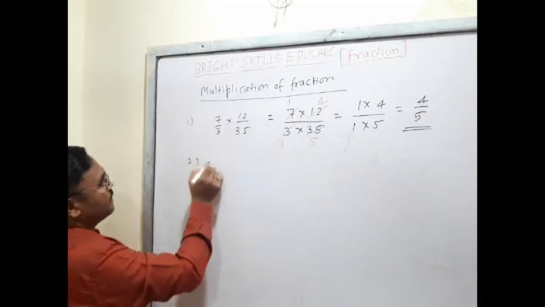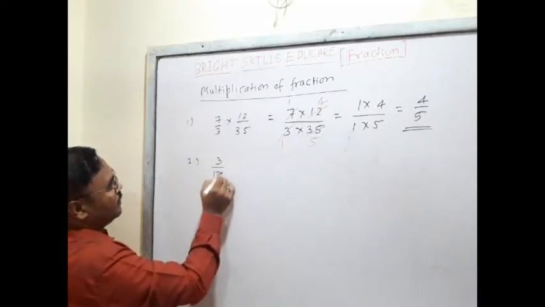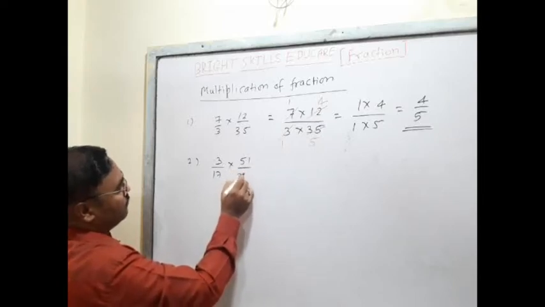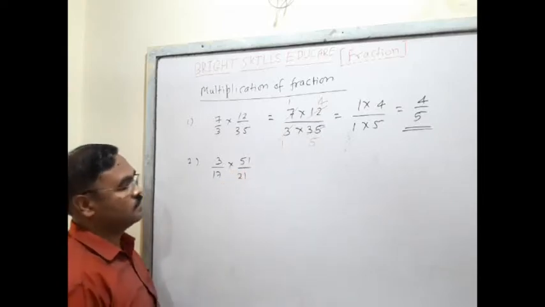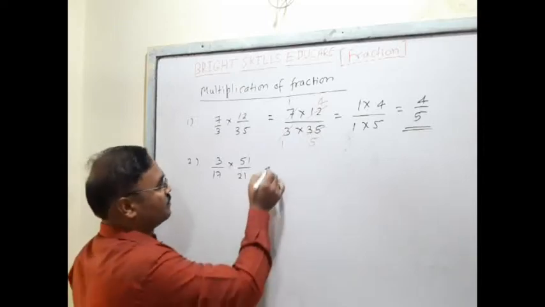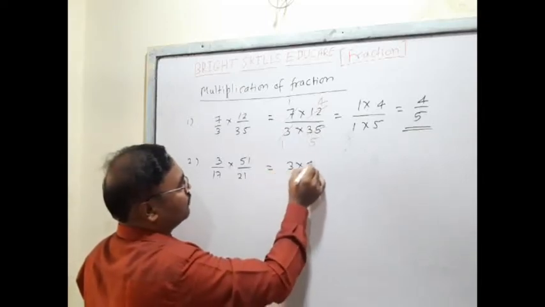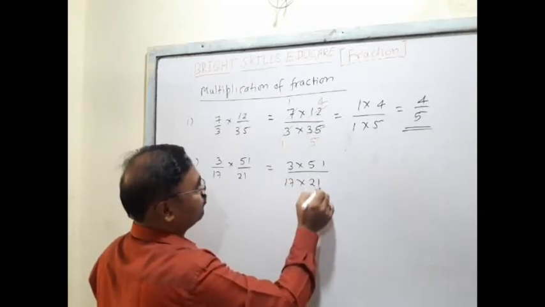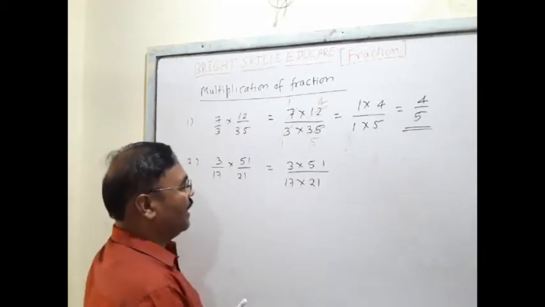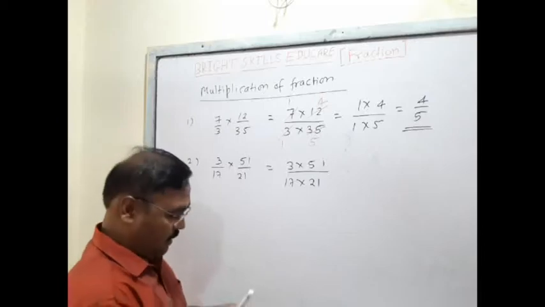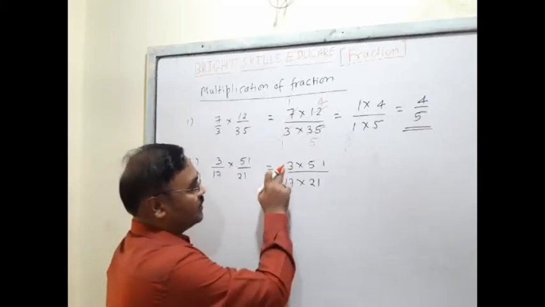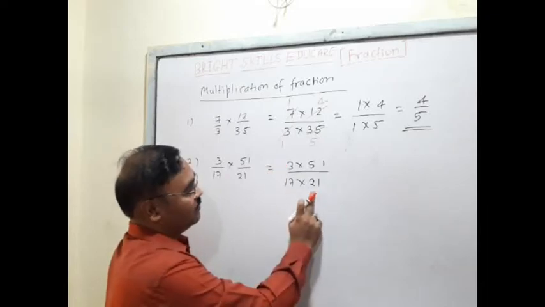Second example is 3/17 into 51/21. Let us again do the same thing. 3 into 51 upon 17 into 21. Let us check whether there is some simplified form or not. See, 3 and 21.